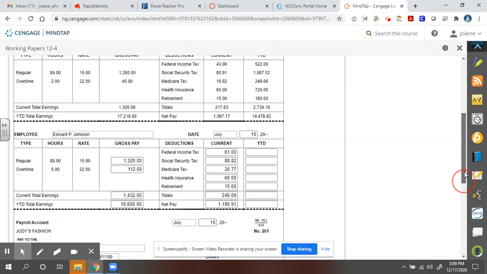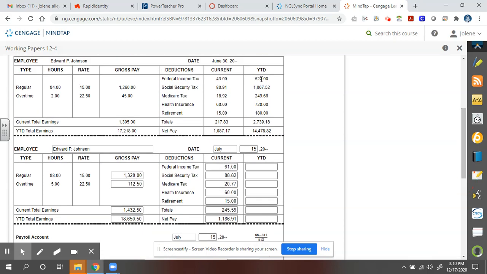All right, over here, year to date, federal income tax, he's paid in $522, and now we're going to add the $61, and so now his year to date federal is $583.